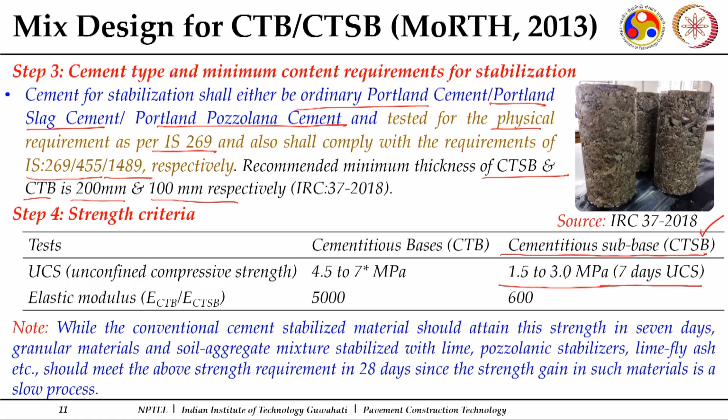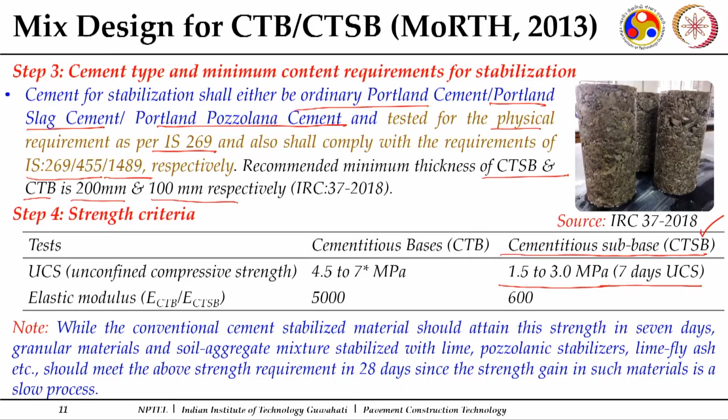Once you have this UCS, it gives a preliminary idea whether the stabilization is good enough for achieving the desired strength. In addition, we work out the modulus. The modulus of cement treated subbase is given as 1000 times the unconfined compressive strength at 28 days.